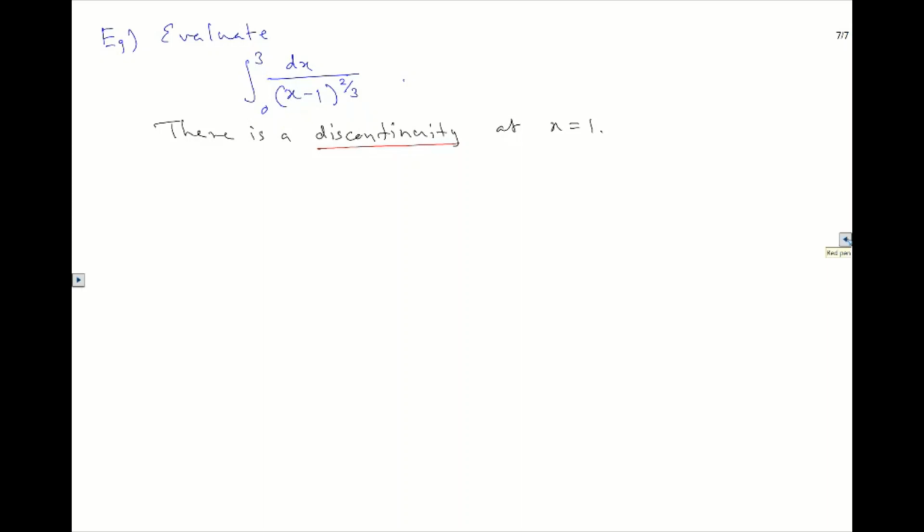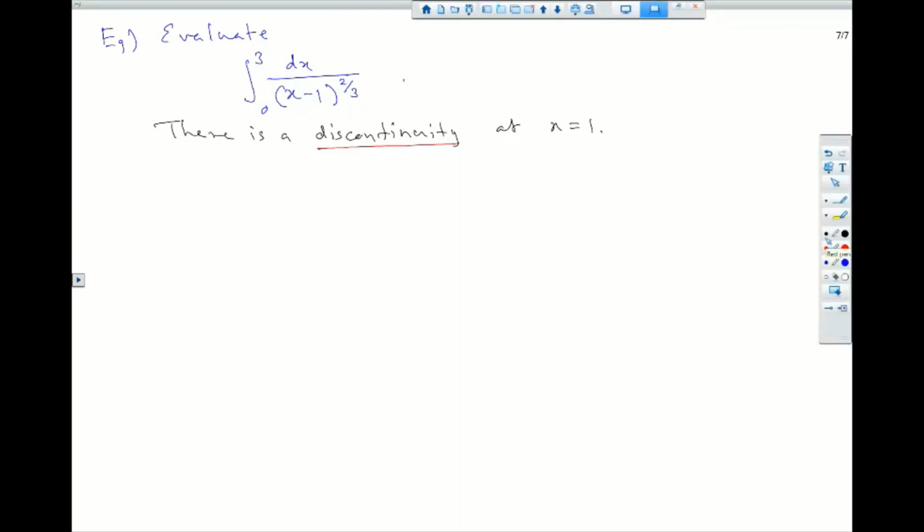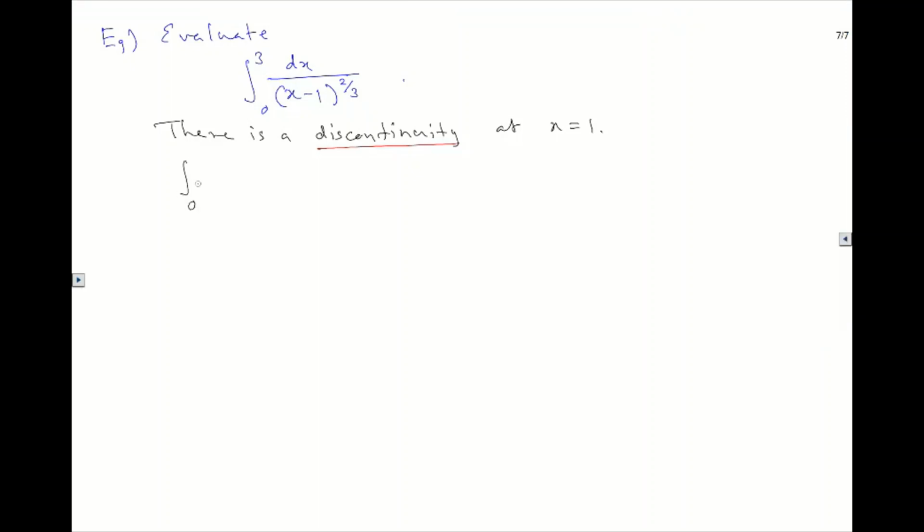So what we can do, we have to split the integral at 1 as before. So you can write the integral from 0 to 3 of dx over (x minus 1)^(2/3). We're going to split the integral at 1.